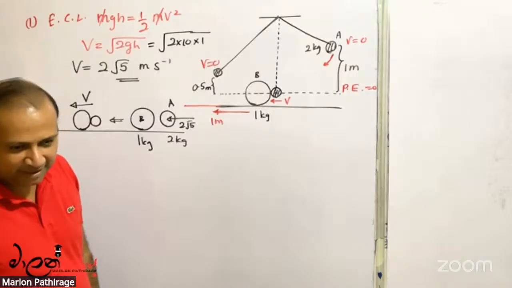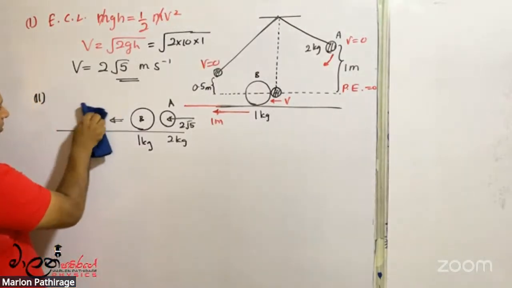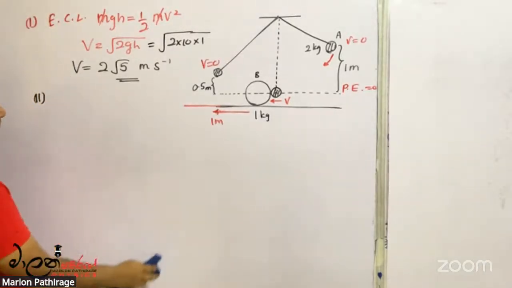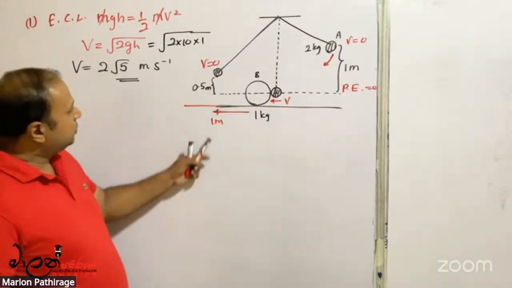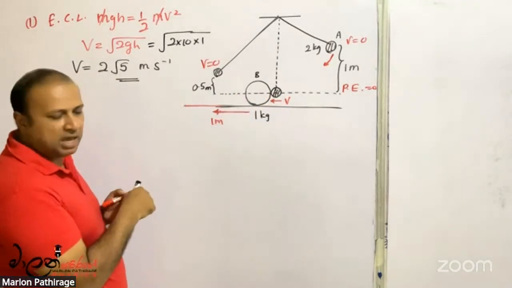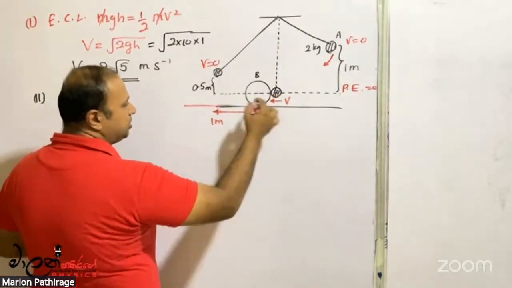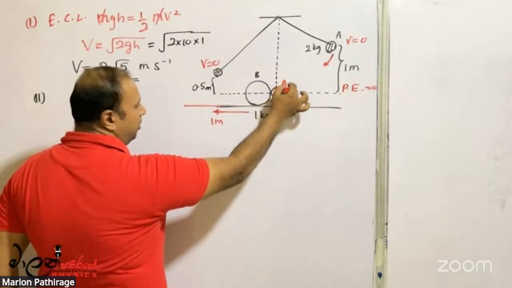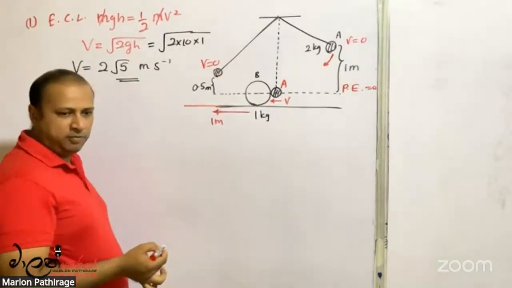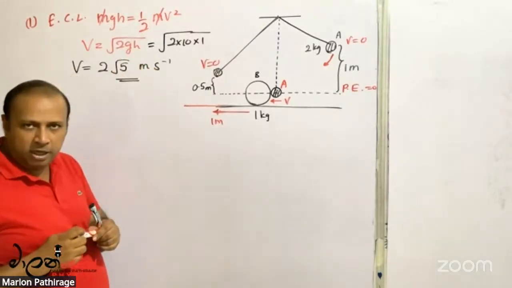Okay? Therefore, in this case, don't use this one. So, just after the collision, this object, that means object A, rises up to 0.5 meters above the equilibrium position.